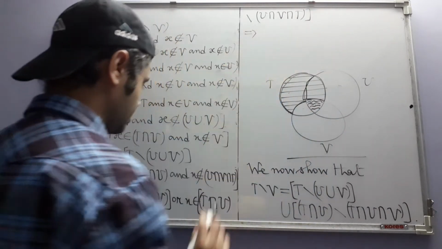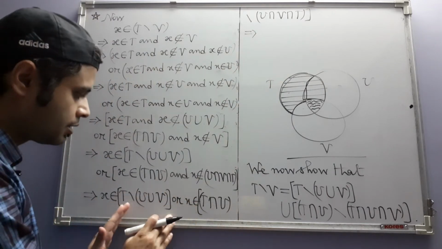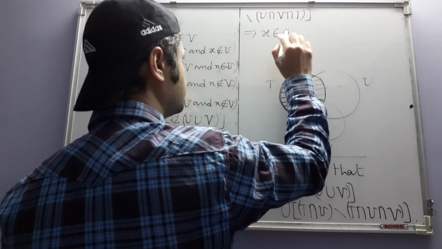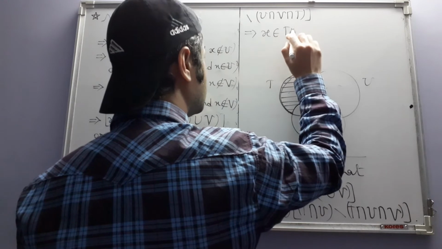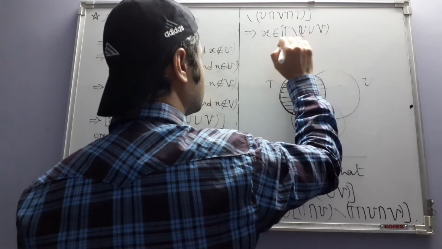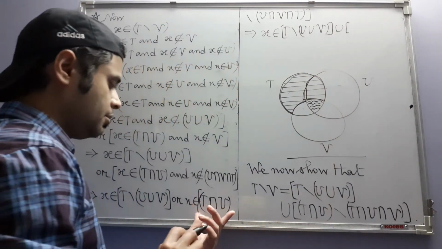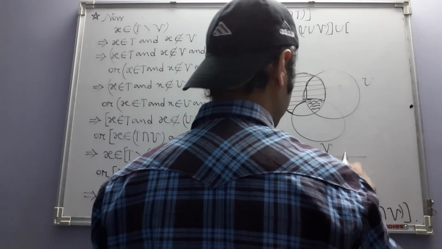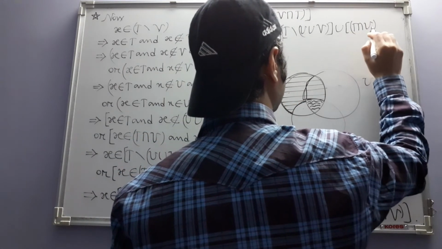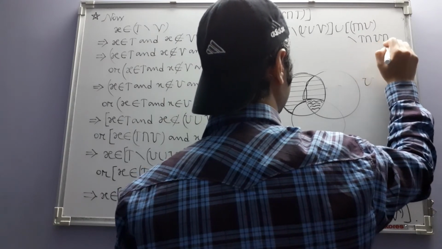And this implies this or this. So x is either here or here. So that means x belongs to t difference u union v, union t intersection u difference t u v.